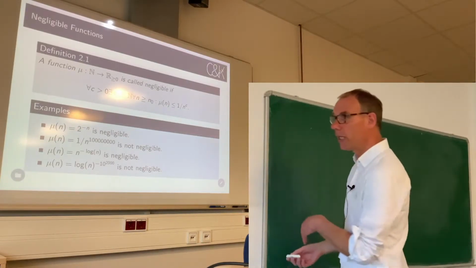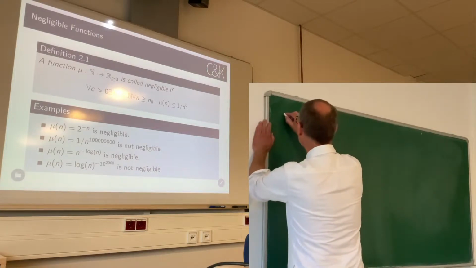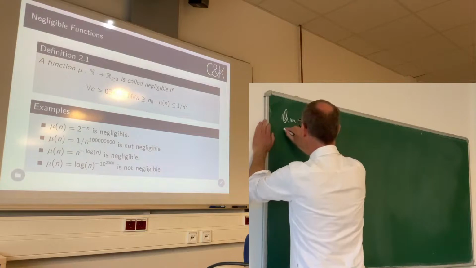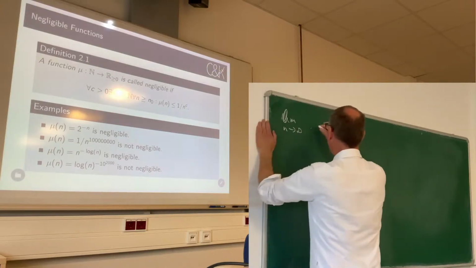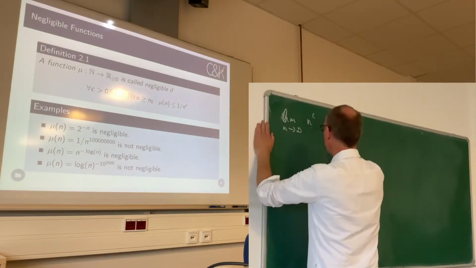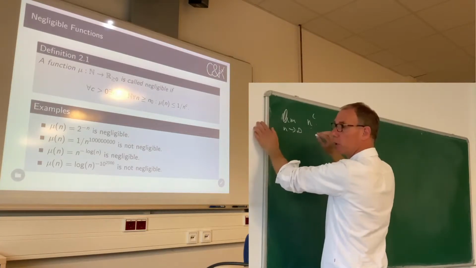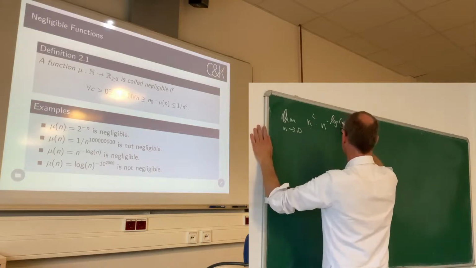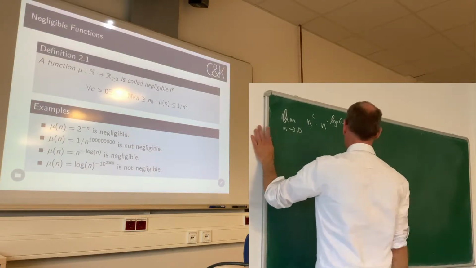Let's look at this thing here. What I need to do is look at the limit as n goes to infinity of n to the c, where c is fixed, times this mu of n, which is n to the minus log n. And I want this to be 0.